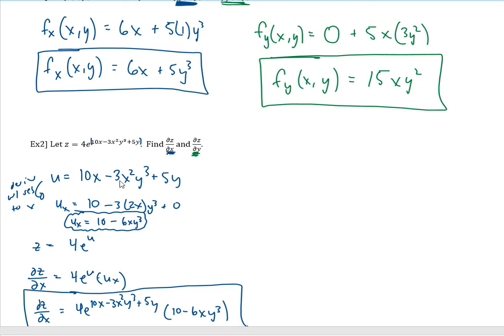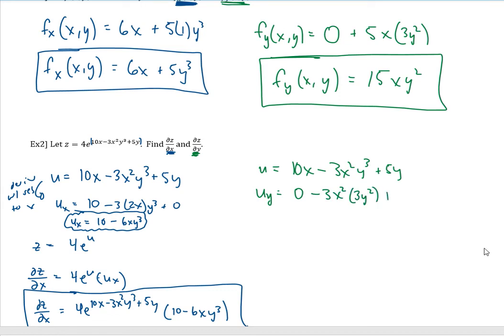Well, it's pretty much the same setup where I need my u, which again would be the whole power, 10x minus 3x squared y cubed plus 5y. And then let's do its derivative with respect to y. So this first term is treated like a constant, so that means its derivative is 0. And then we have minus 3x squared is treated like a constant. And now the derivative of y cubed would be 3y squared.